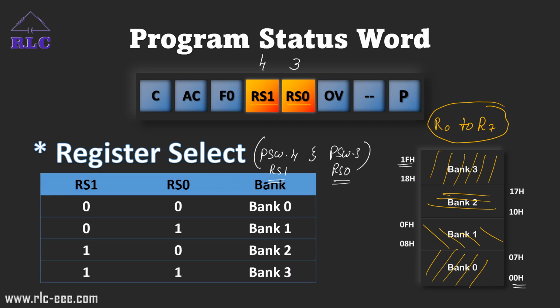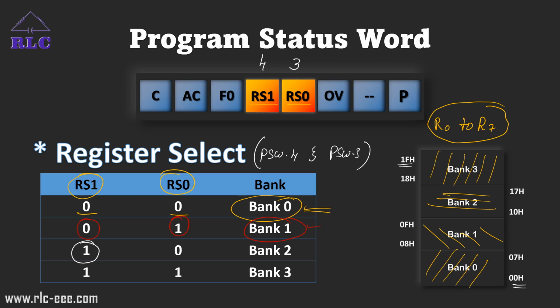So we can go with a table where we can easily understand. If both the RS1 and RS0 bits are 0, then bank 0 will be selected. If RS1 is 0 and RS0 is 1, then bank 1 is going to be selected.